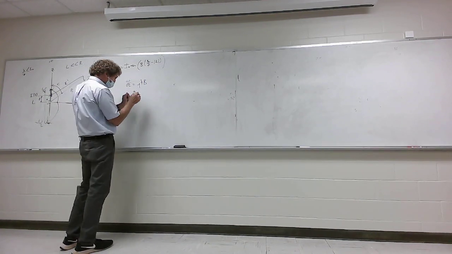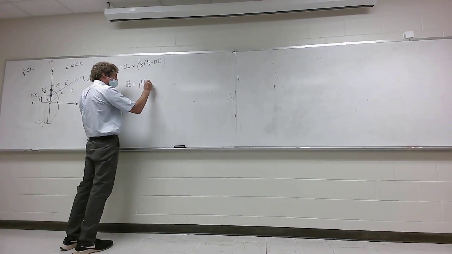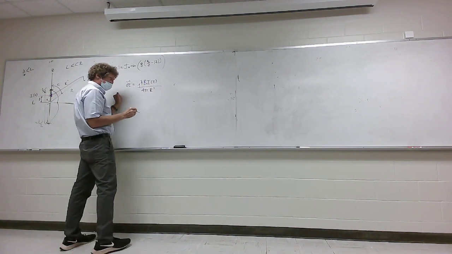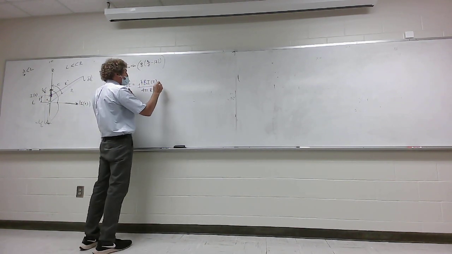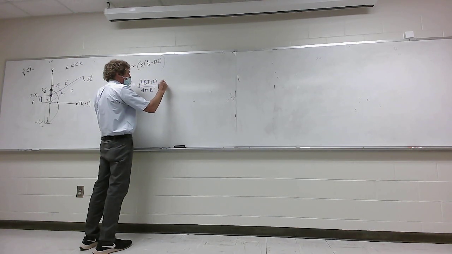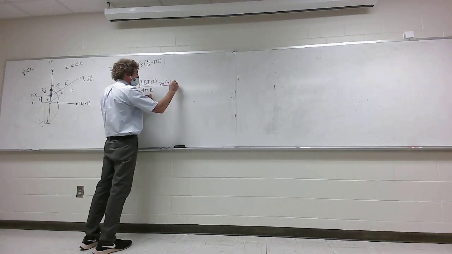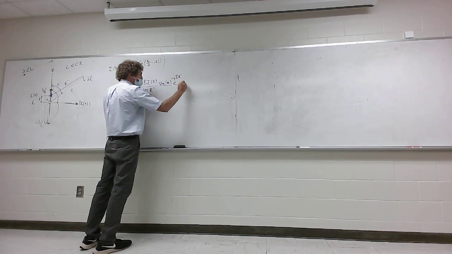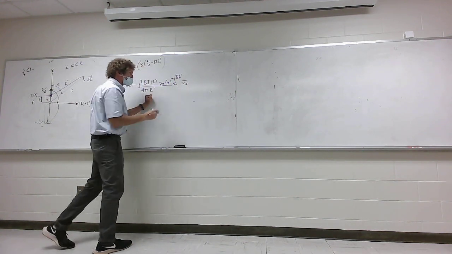Of length dz times I of z over 4 pi R prime, times the sine of theta, and times e to the minus j beta R prime in the A theta direction.